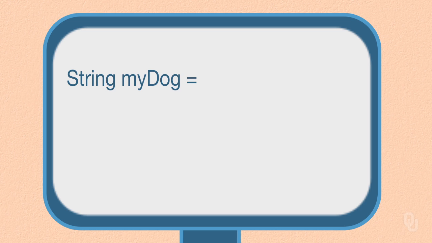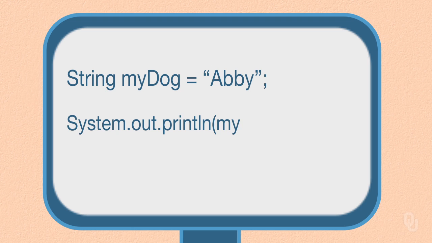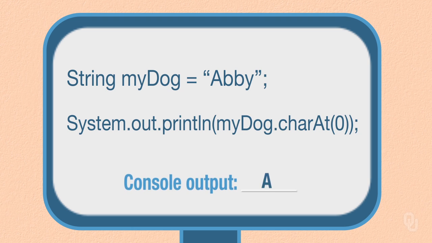So if we create a String myDog = "Abby", System.out.println(myDog.charAt(0)) prints the character capital A on a line by itself on the console. You have to tell the computer which object charAt applies to. This is done with period notation. I usually pronounce this as dot.